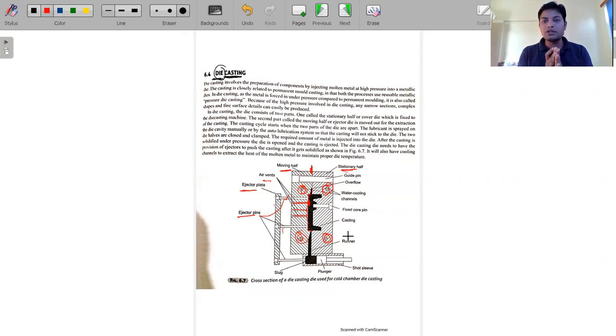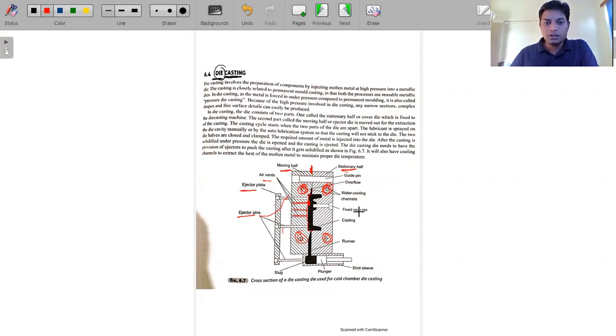So we are using cooling water, and these holes are used to cool it down so that the temperature will not rise that much, and the solidification should also be done within the time limit.